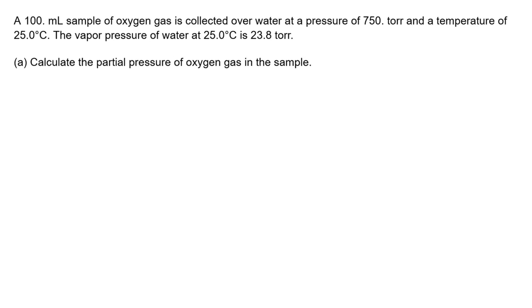Okay, so for part A, it says calculate the partial pressure of the oxygen gas in the sample. So we have collected a mixture of gases, and anytime you have a mixture of gases, you can use Dalton's law of partial pressures, which says, in this case, that the total pressure of the gas is equal to the partial pressure of the oxygen gas plus the partial pressure of the water vapor. That's the only two things in the mixture.